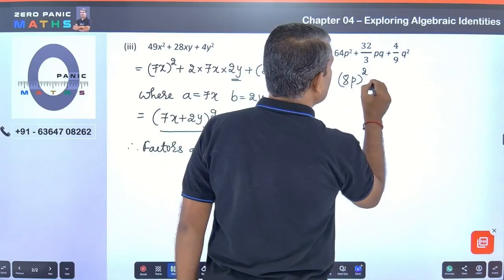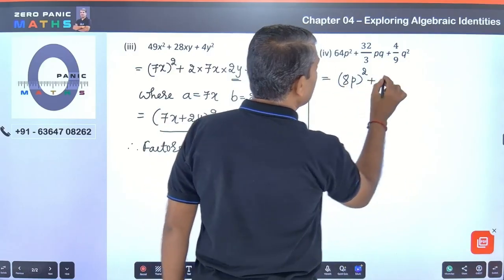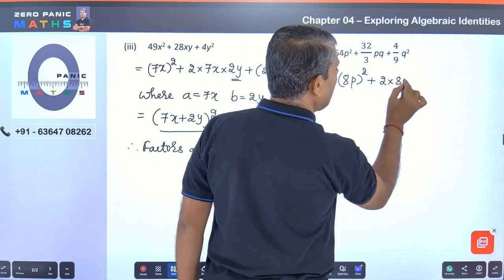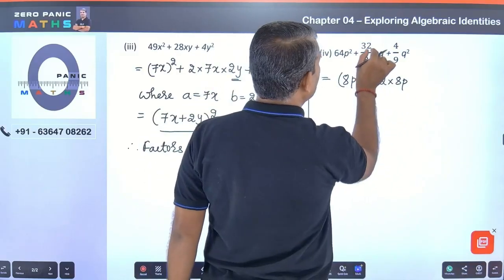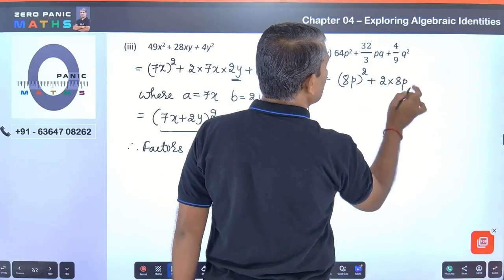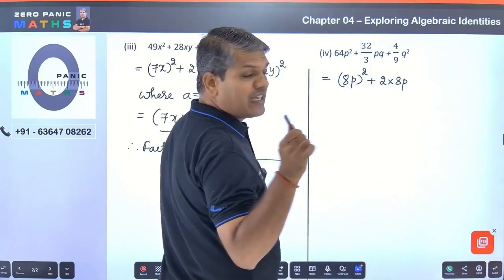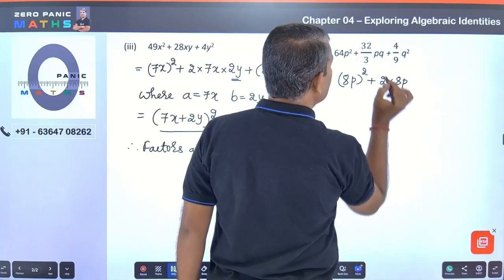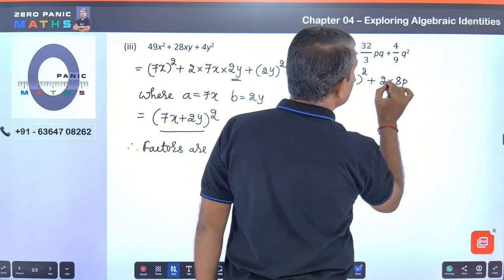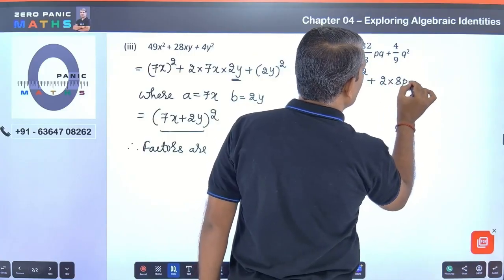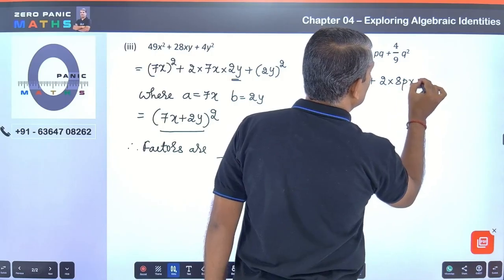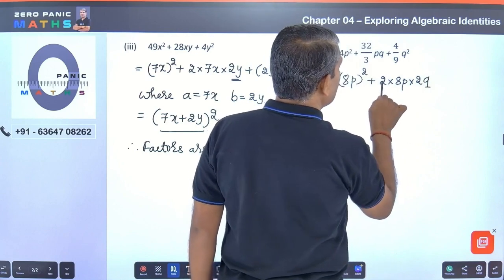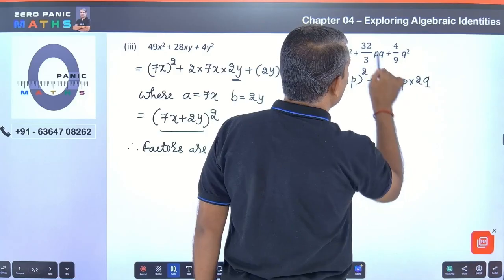Now 8p is the a value for me, so I can directly write the first 8p, 8p. Now to make it 32 by 3 pq, p is already there here. Okay, just see here and concentrate. To make it 32 by 3, what do I need? See, it is already 16. So first of all, I need 2, okay, 2q. So 8 twos are 16, 16 twos are 32.